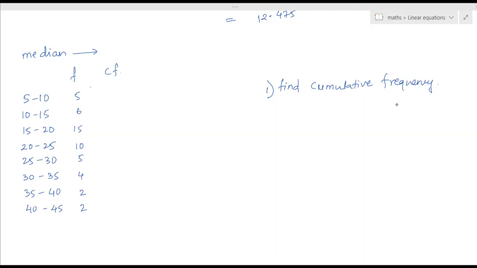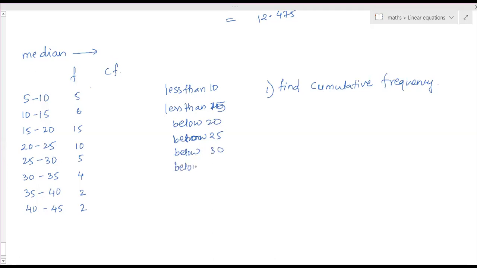We are writing this as less than 10, below 15, below 20, below 25, below 30, below 35, below 40, and below 45. We are converting the class intervals in this form.